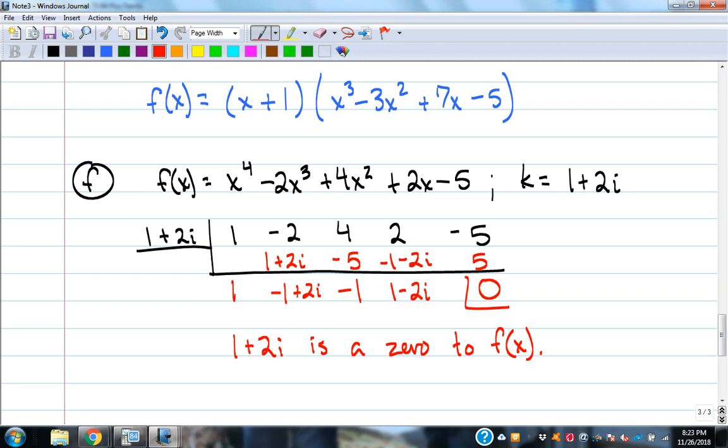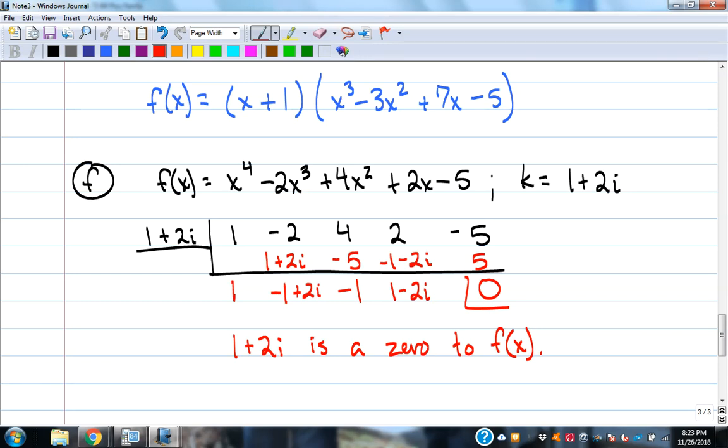It doesn't say it doesn't work if it's complex. No, it works even if it's a complex number. You still can decide if something is a 0 of that polynomial. It doesn't really help us break that polynomial down any, but I just wanted to show you that you can test a complex number using synthetic division.